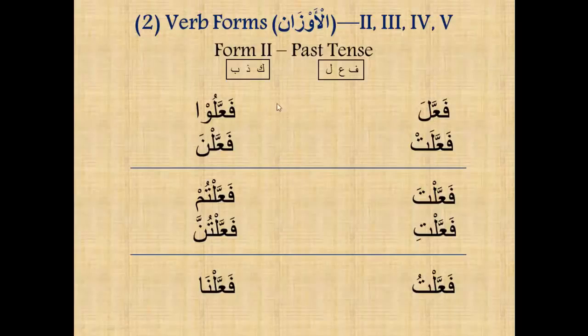If we have the root letters kaf, tha, and ba applied to form 2, this gives us the verb kadhaba. Fa'ala kadhaba. Fa'alu kadhabu.